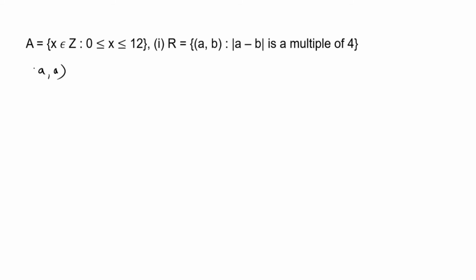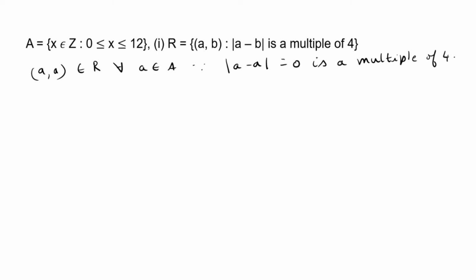We have (a, a) belongs to R for all a belonging to A, since |a − a| = 0, and 0 is a multiple of 4. Therefore, R is reflexive.